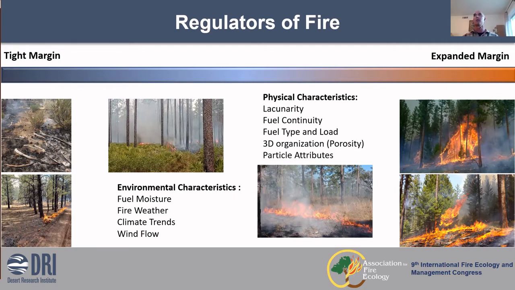And then on the right is a spring burn in ponderosa pine, where it's after the thaw and there's a lot of solar insolation, and it's able to carry fire and do some group torching. And so these are the things that we look at as a factor of some elements that we want to eventually start characterizing beyond just bulk density.